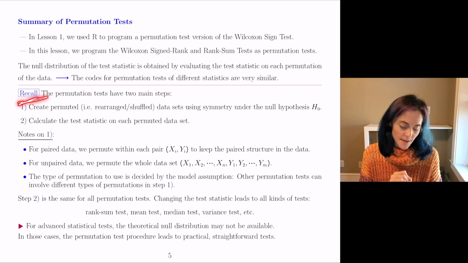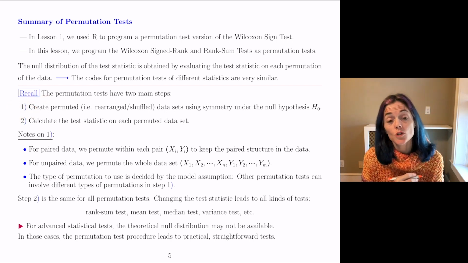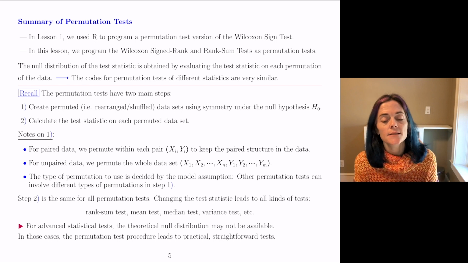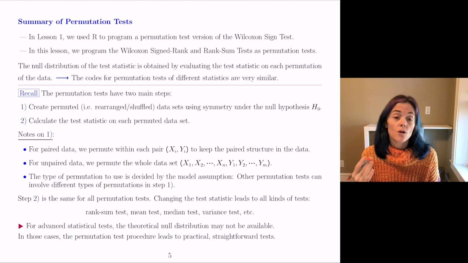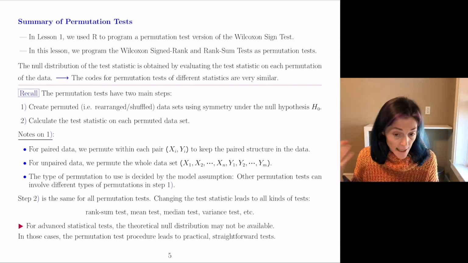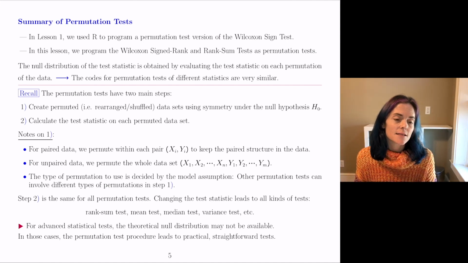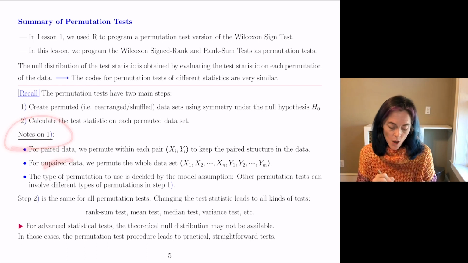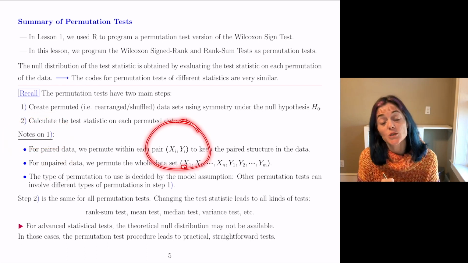So recall last time, permutation tests have 2 steps. First, we create permuted or rearranged or shuffled data sets using symmetry under the null hypothesis. And then we calculate the test statistic on each of the permuted data sets. A few comments on step 1. For paired data, we permute within each pair.